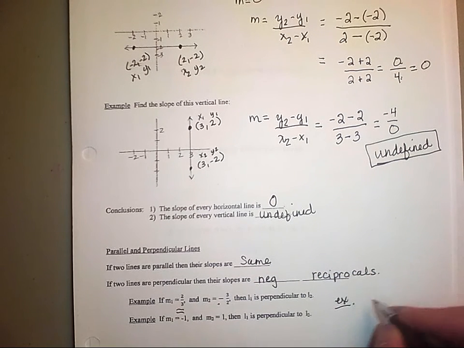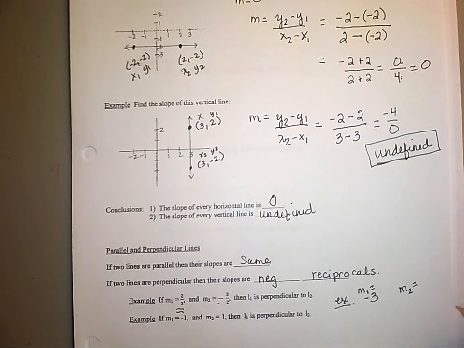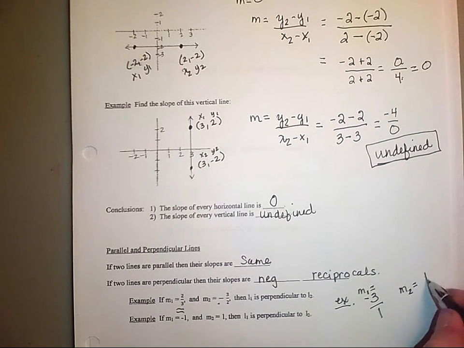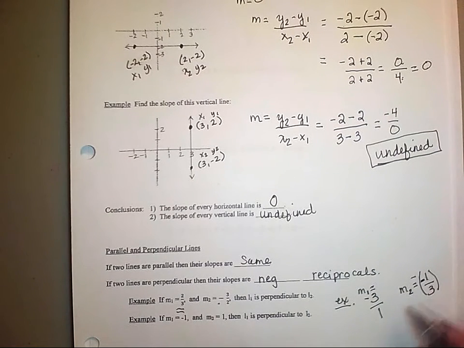Another example here is if the slope is -3, let's say, so this little subscript will just say the slope of the first line is -3, then we need the negative reciprocal here. Now remember, we can write this as -3 over 1, so the negative and the negative become positive. So the negative of the reciprocal is positive 1/3.